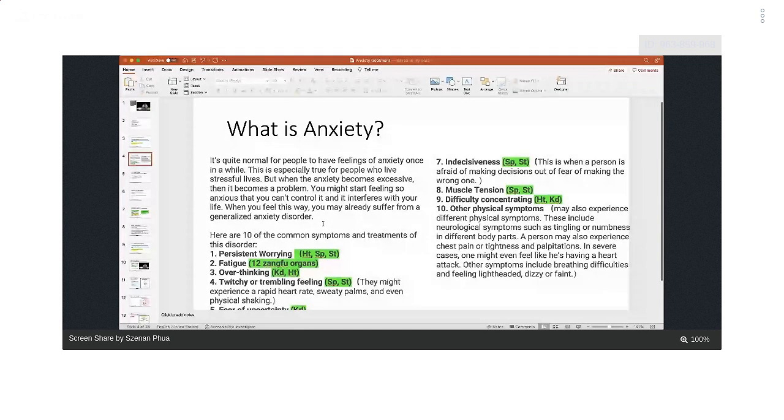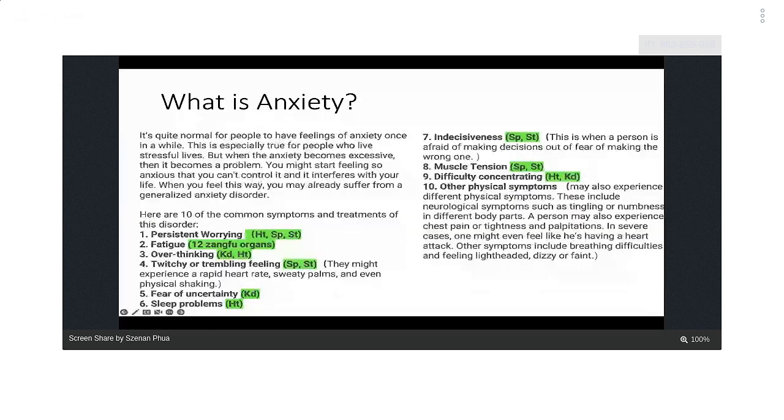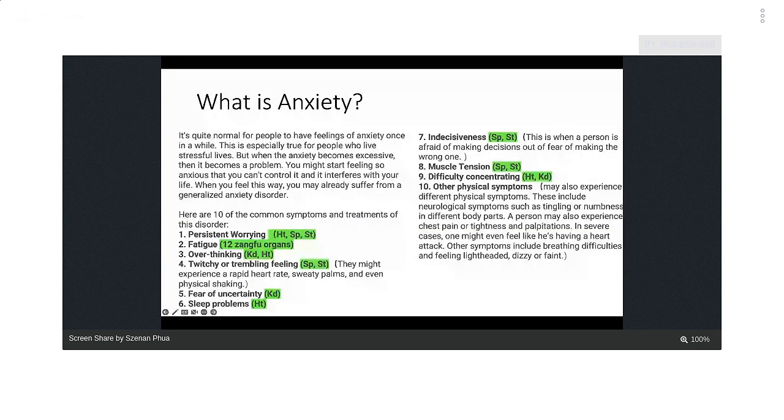Well, to be honest, people worry. There's a lot of things to worry about. But if it doesn't actually interfere with your life, that's pretty okay. A bit of worry is not a big deal. It's not a wrong thing.